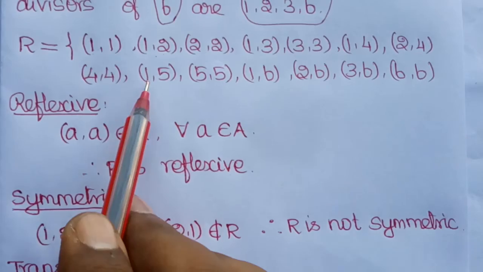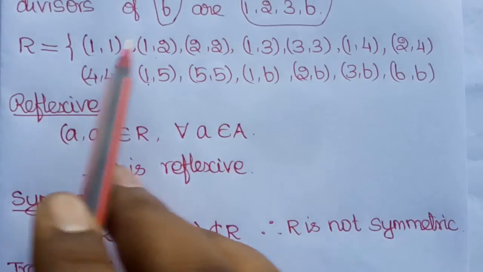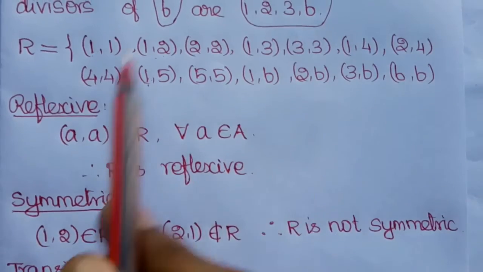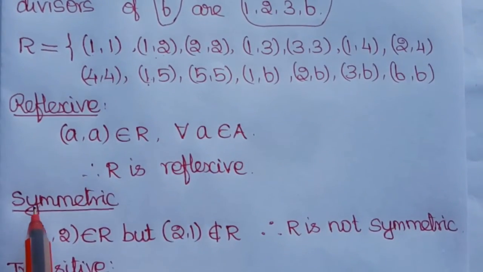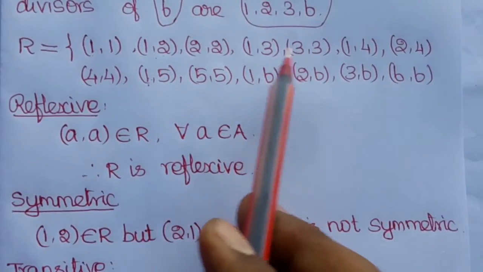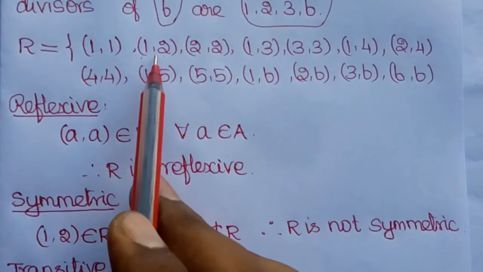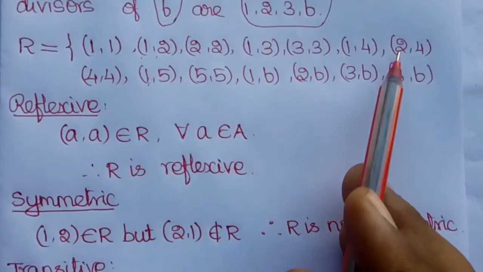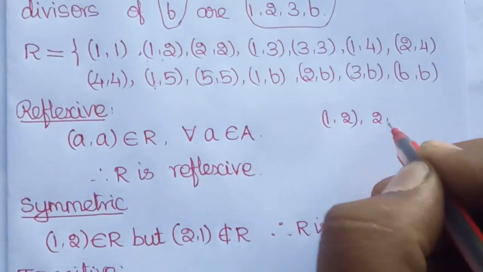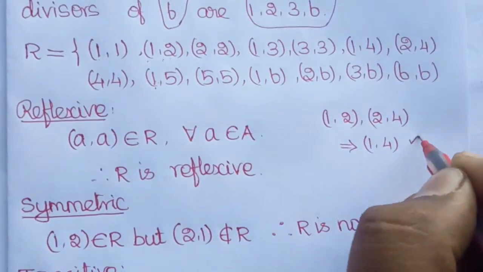Then (1, 1), (1, 5) merge to give (1, 5). Then (1, 1), (1, 3) give (1, 3). Now we check all the possibilities. (1, 3), (3, 3) give (1, 3). (1, 2), (2, 4) merge to give (1, 4), and (1, 4) is there.